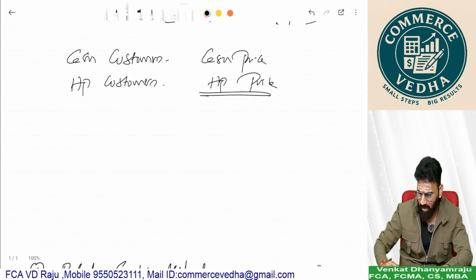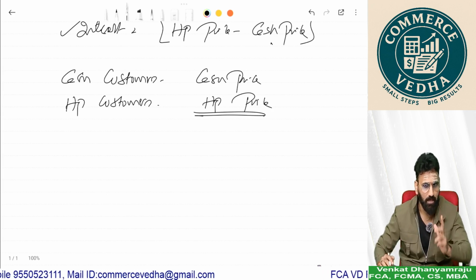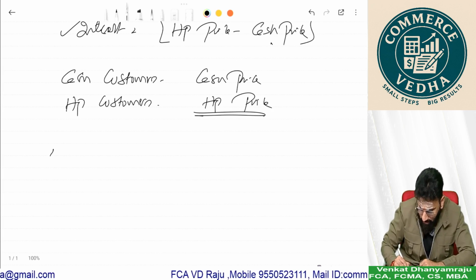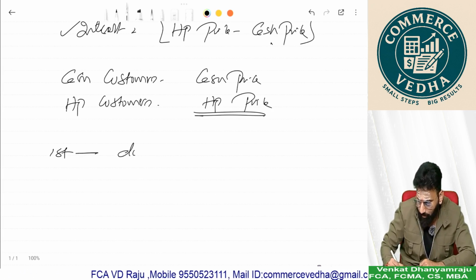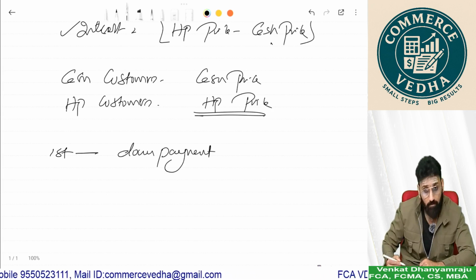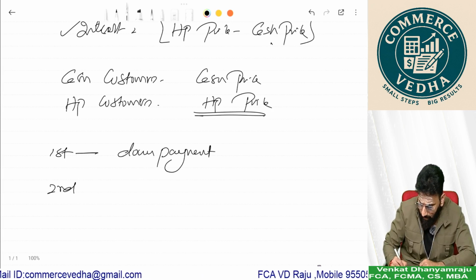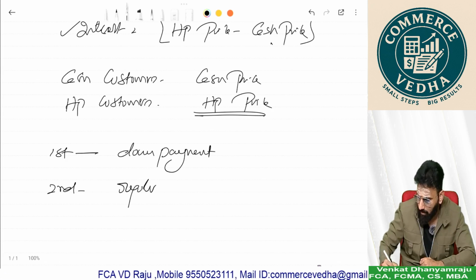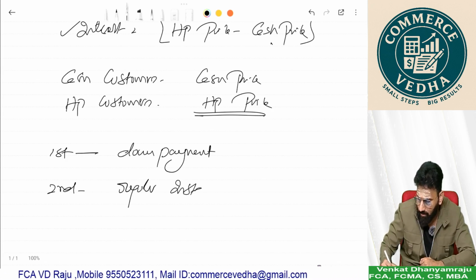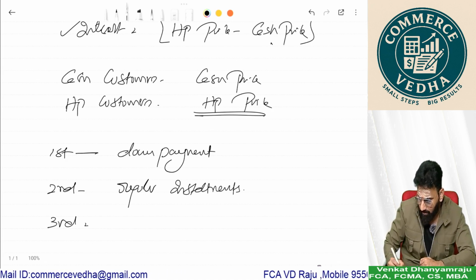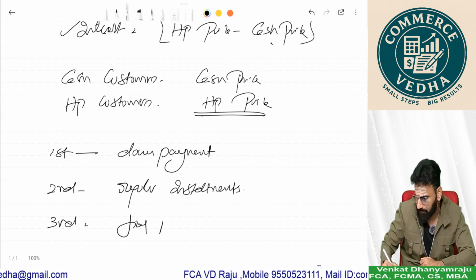This transaction happens in three parts. Number one is first down payment, second regular installments, and third final payment.